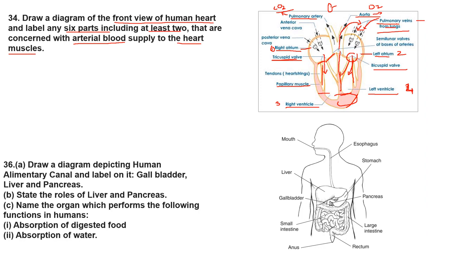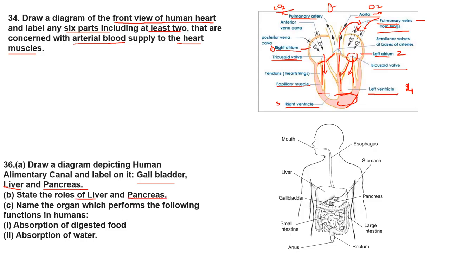Then there is a detailed structure of the digestive system. Here you have to label gallbladder, liver and pancreas. Draw the diagram depicting the human alimentary canal and label on it gallbladder, liver and pancreas. State the roles of liver and pancreas.